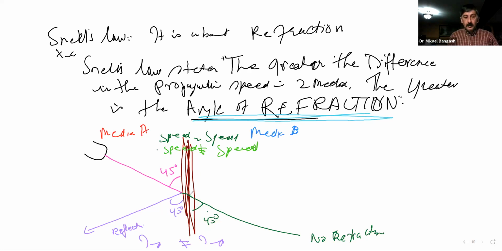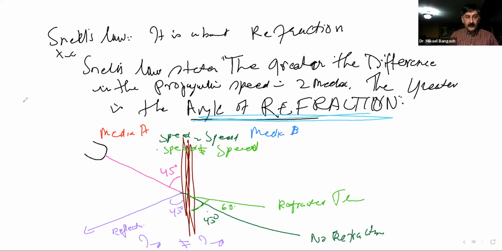So that's going to cause us to now have a refracted transmission. In this case it made an angle greater than 45. Let's say it made an angle of 60 degrees with the tissue boundary.